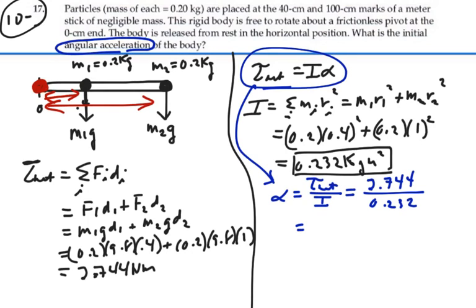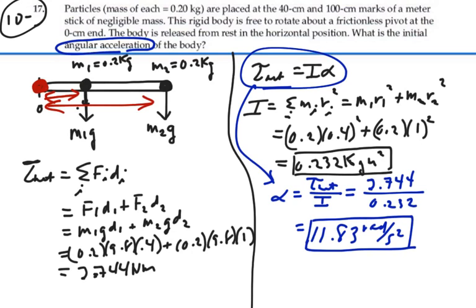And that gives me 11.83 radians per second squared. Everything is in SI system, so I'm going to end up with radians per second squared. As my initial angular acceleration, I found it by using torques. 11.83 radians per second squared. Answer.